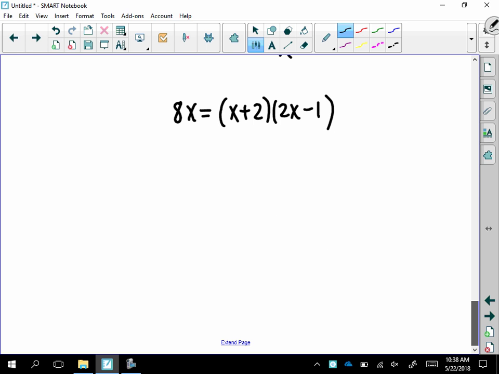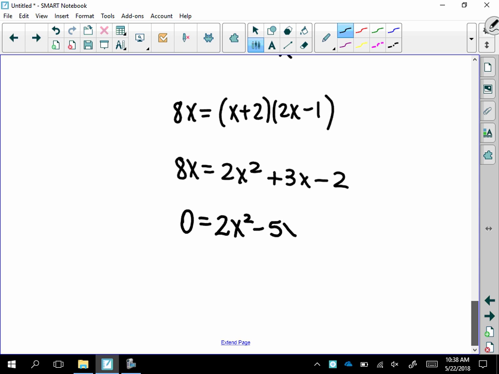That's really a quadratic equation that needs to be set equal to 0 and factored. So I'm first going to have to FOIL that out. Now I'm going to subtract the 8x over. And I'm going to hope it's factorable, which it's not.